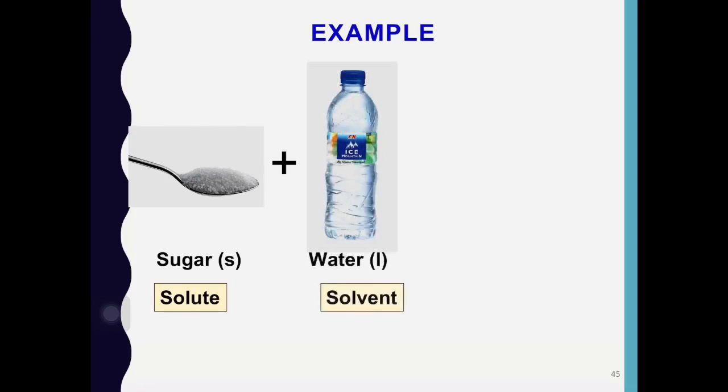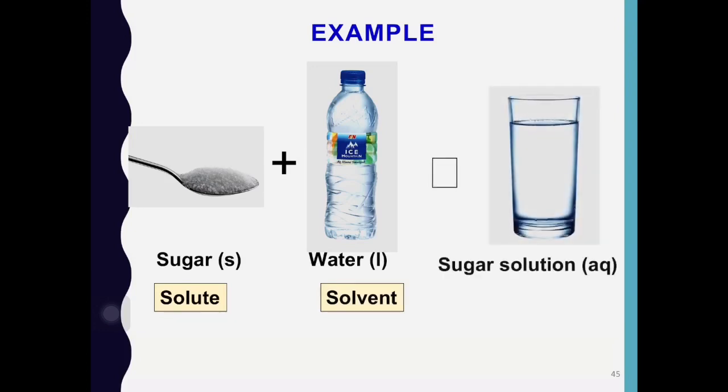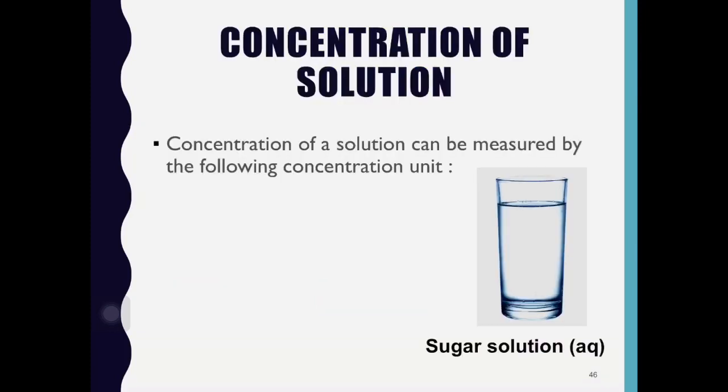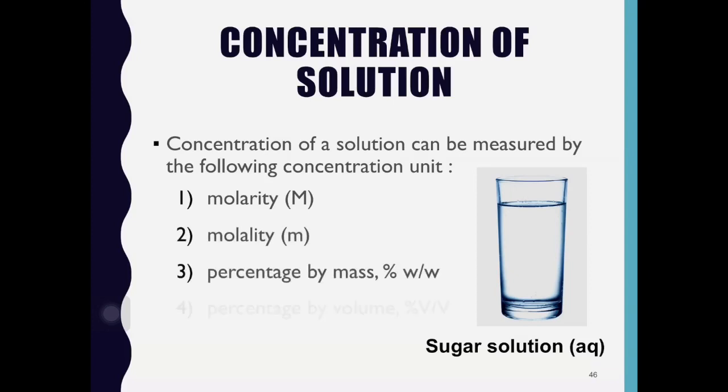After sugar is added into water, it will form sugar solution in the form of aqueous. From this sugar solution, there are 5 things that we can calculate. So we can calculate the molarity, molality, percentage by mass, percentage by volume, and the mole fraction of the solution.